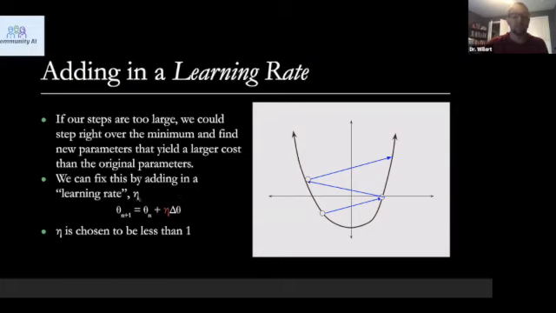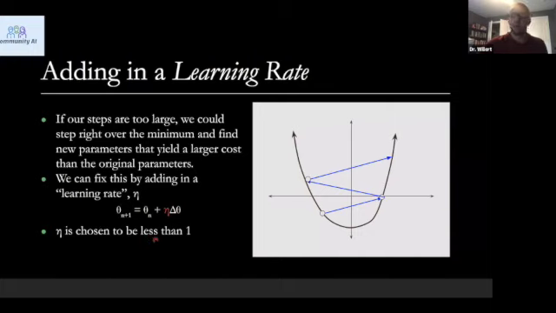We call this learning rate the Greek letter eta. That's E-T-A. If you are looking for it in Microsoft Word's equation editor, you would search by eta. So our new iteration would be theta_(n+1), so our new parameters are equal to our old parameters plus eta times the gradient. And eta is chosen to be less than 1.